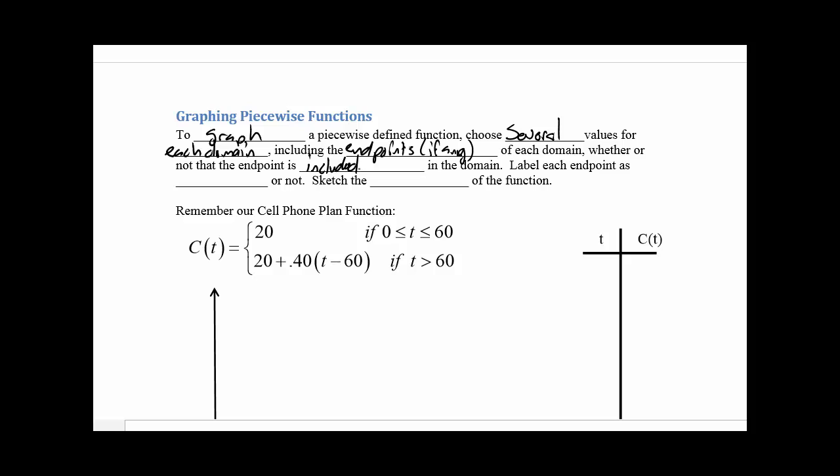We're going to label each endpoint as closed or open, as included or not. Again, reminder, that's just whether it's a closed or open circle. And then we're going to sketch the graph based on the ordered pairs that we find.